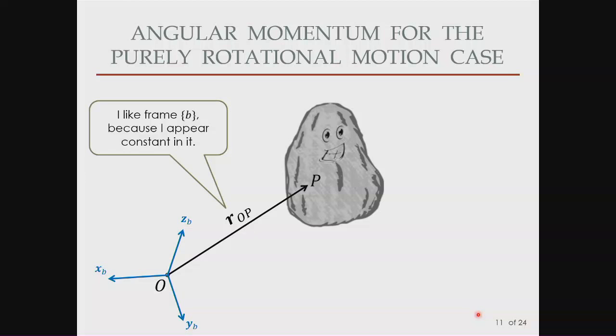Now we will be using the fact that these are constants as I'm varying time. This is not to say that this R dot is 0, right? But within this frame, it appears constant, so we will be using that fact. We cannot use that fact if it's not purely rotational motion.